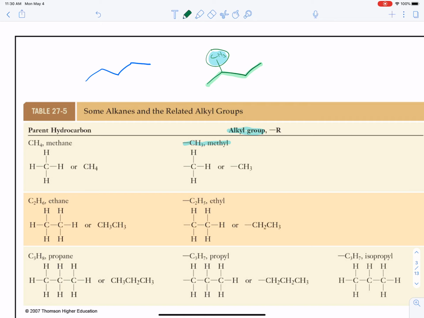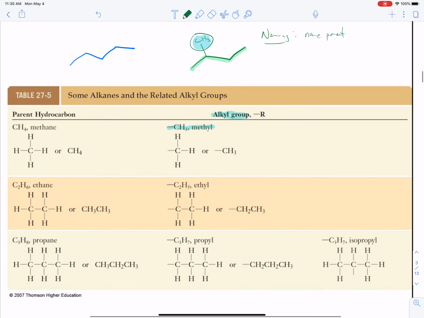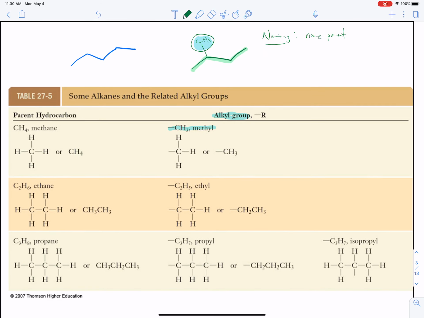So, for instance, you use the green highlighted stuff to get your parent. So, for naming, you're going to name the parent. My parent name for just me would be Cabot.